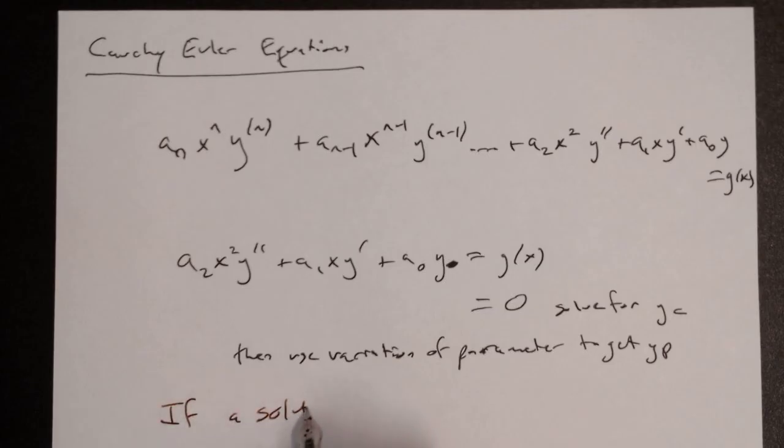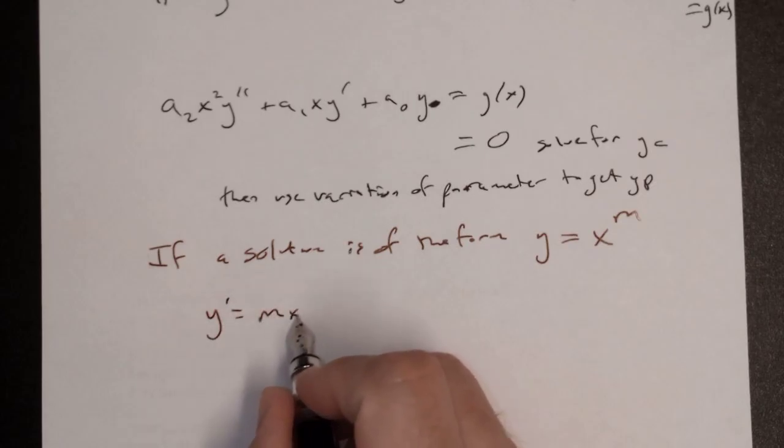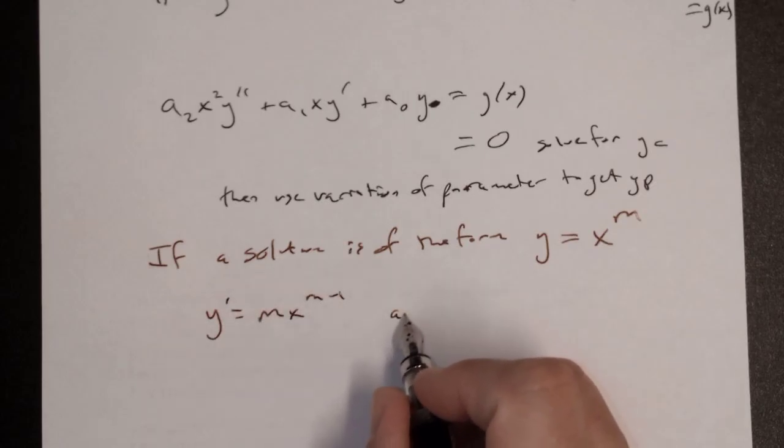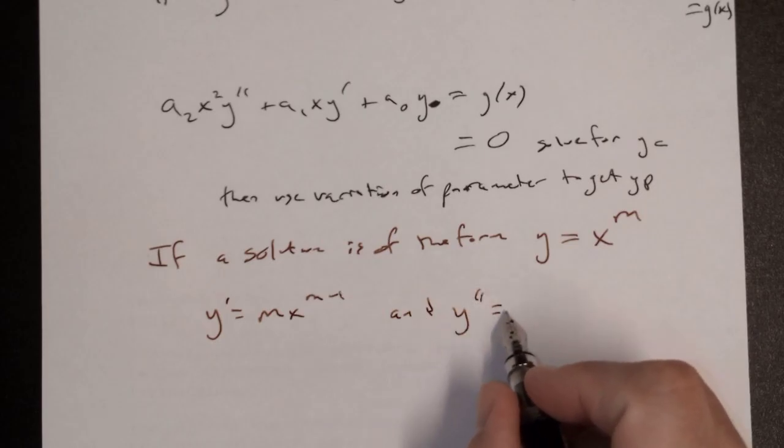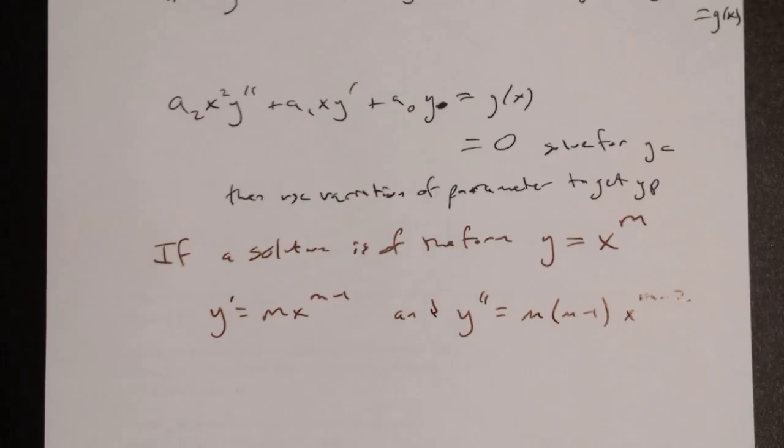a solution is of the form y equals x to some power m. Then by the power rule, now what happens when you take that and you put that back in?